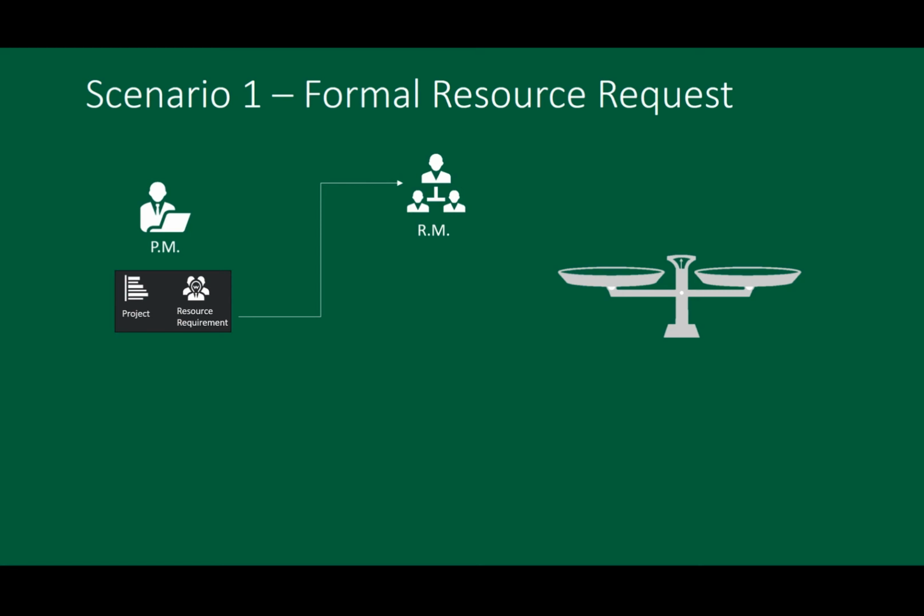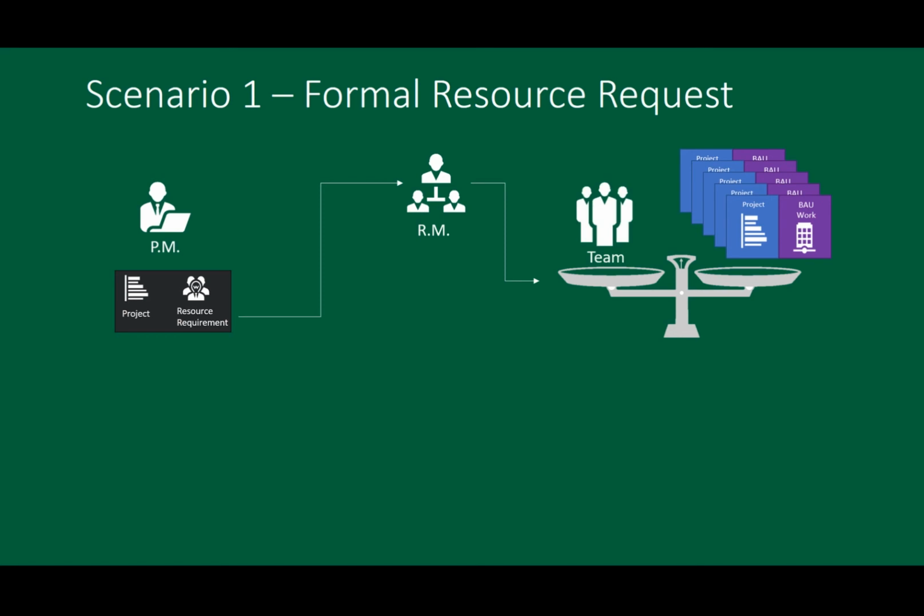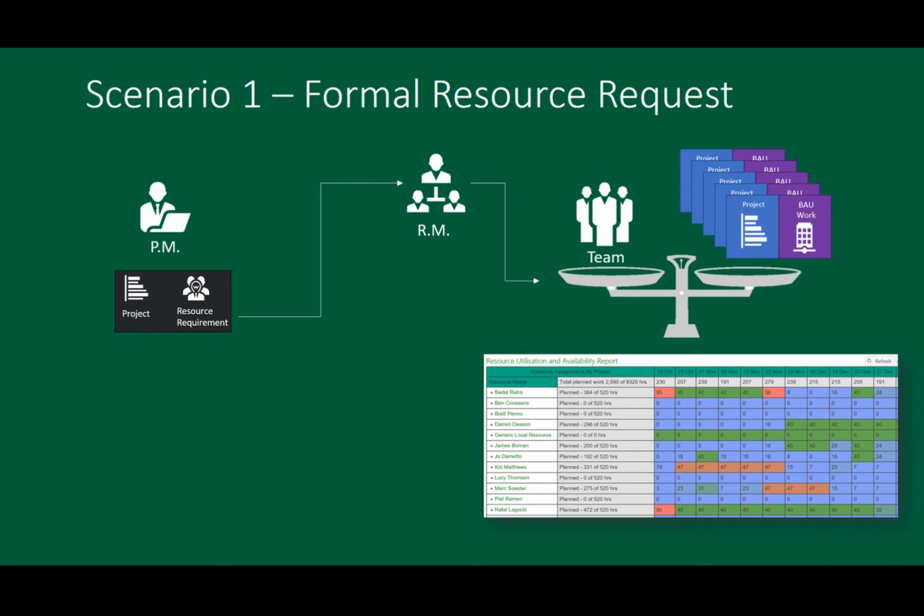On the other hand, the resource manager, and that's his job, needs to balance the workload between business as usual and project work against the project team, and that is certainly not always easy. In order for the resource manager to make those decisions on which approval requests they accept or not, the resource manager requires that kind of visibility.